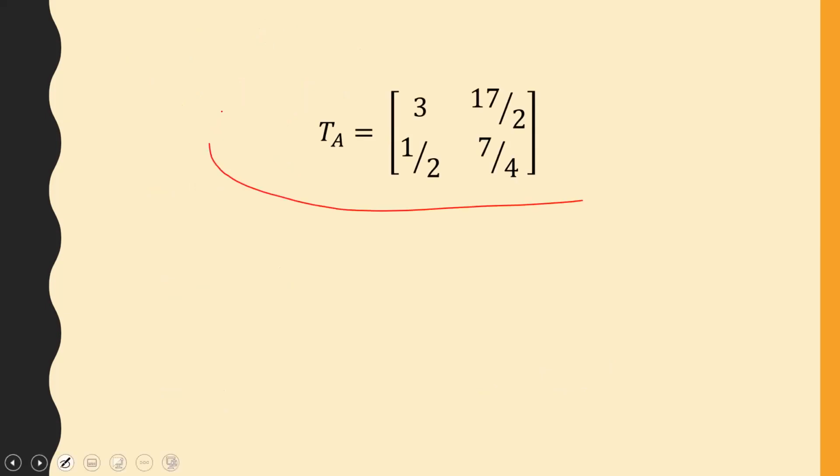So the transmission parameters for network A are 3, 17 over 2, a half, and 7 over 4.